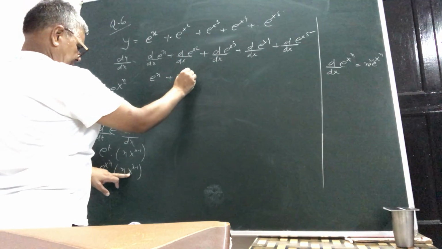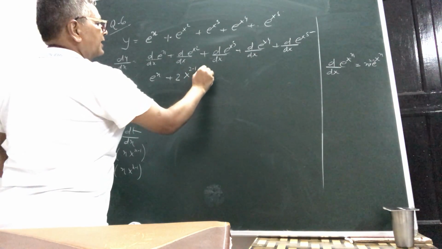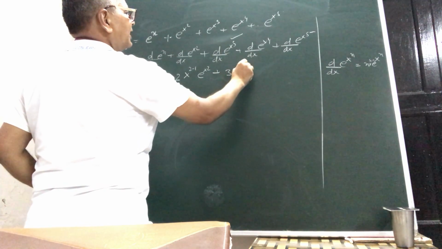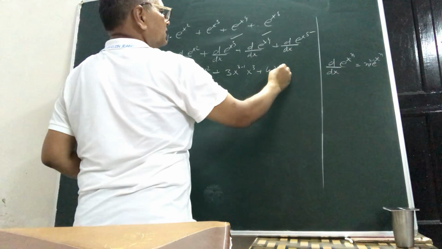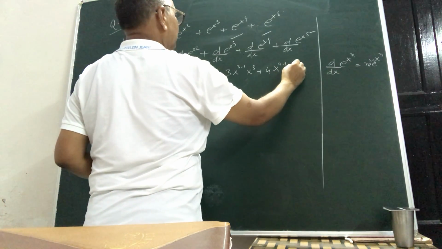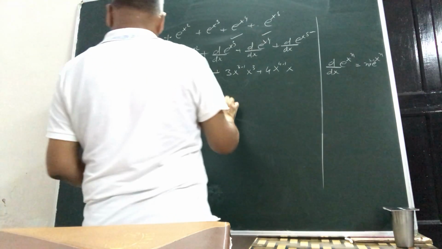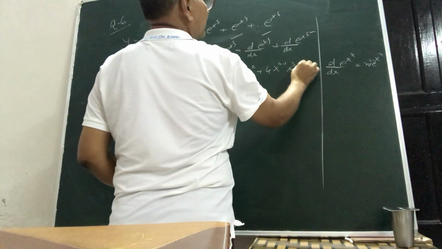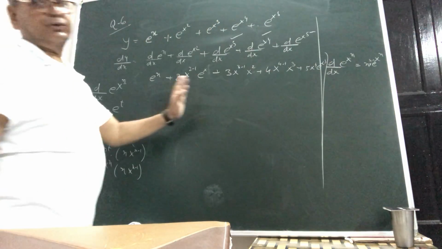So 2 x raised to power 2 minus 1 into e raised to power x square, plus e raised to power x cube gives 3 x raised to power 3 minus 1, that is x square, plus likewise 4 x cube, you can make use of this formula, x raised to power 4 minus 1, with the exponent n minus 1. And likewise 5 x to the power 4 e to the power x to the power 5. So this is how you can get the answer.